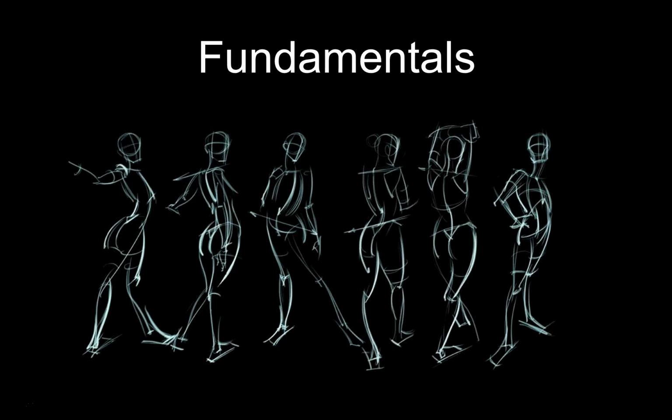So what you might start off with is 30-second sketches. Typically you've got a model who has some elaborate poses. Here you can see elaborate: looking over the shoulder, looking forward, looking backwards, hands up in the air, all sorts of interesting, dynamic poses.